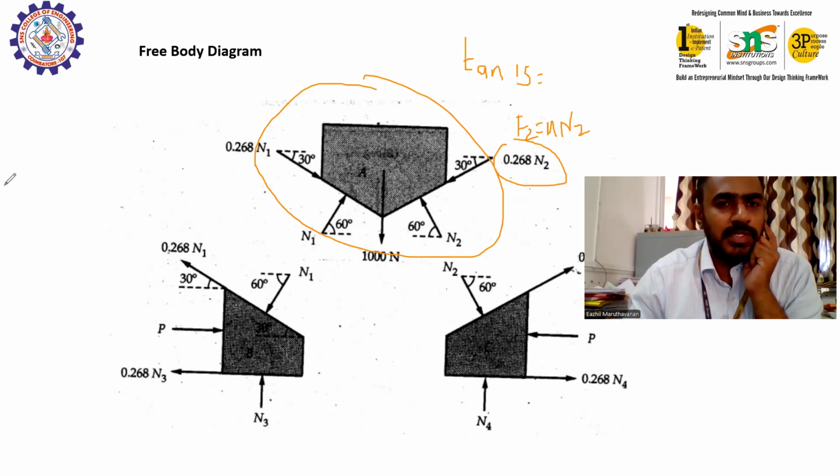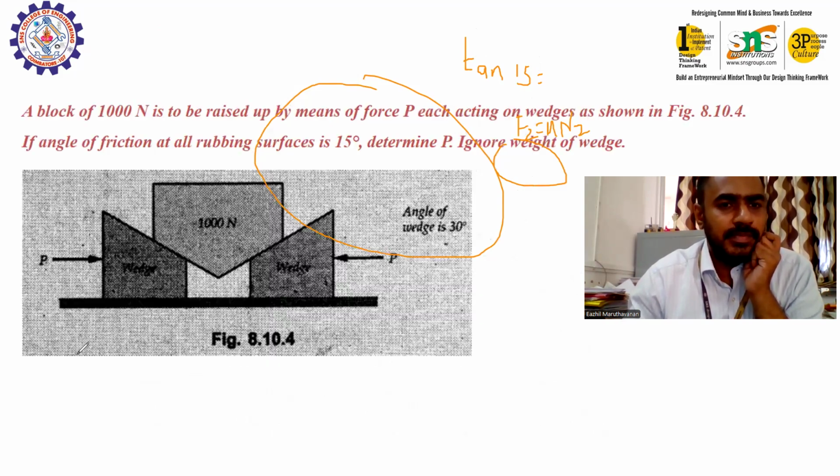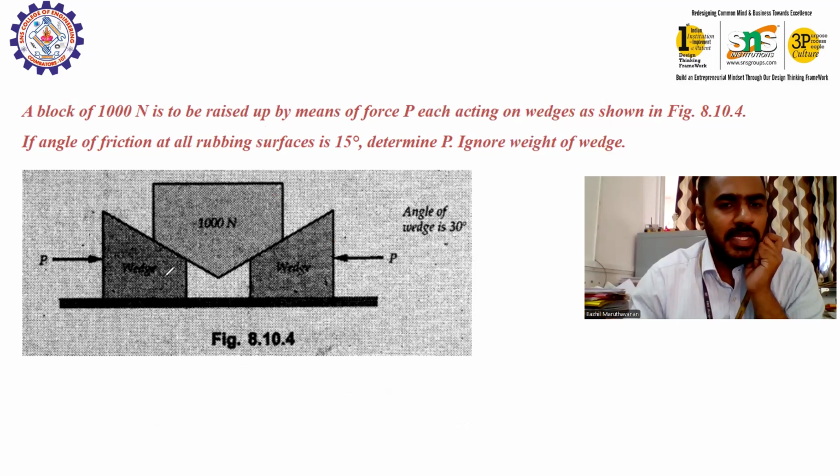Let's see how this angle was calculated. As already said, this angle is 30 degrees, then the angle between the normal reaction and the weight will also be 30 degrees.